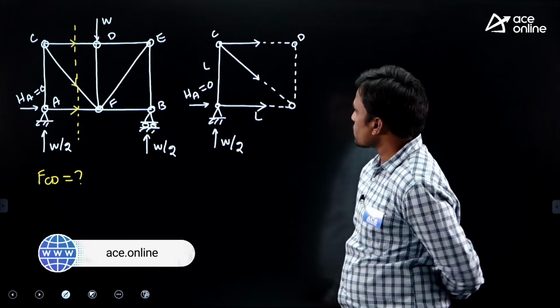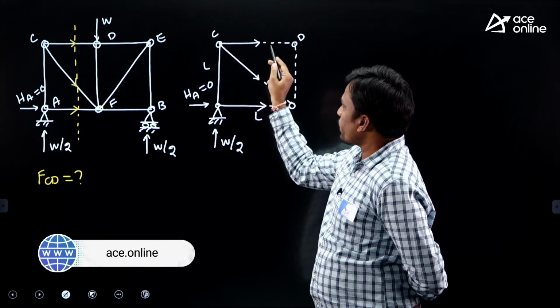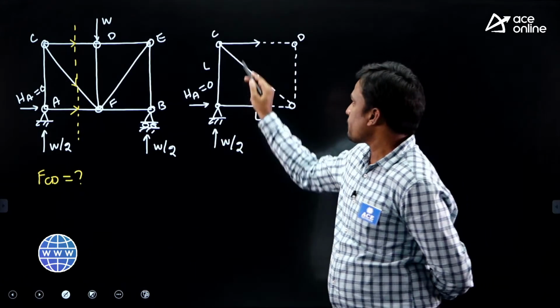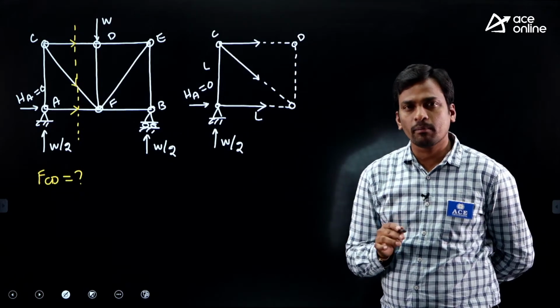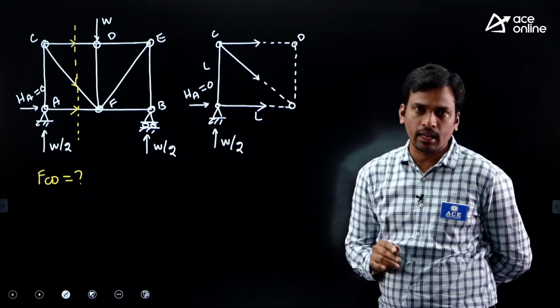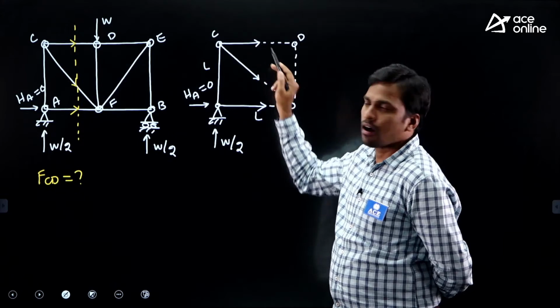Right. Students, tell me here which one is the selected member? CD, right? Now member CD, is it a horizontal member, vertical member or inclined member? Member CD is a horizontal member.